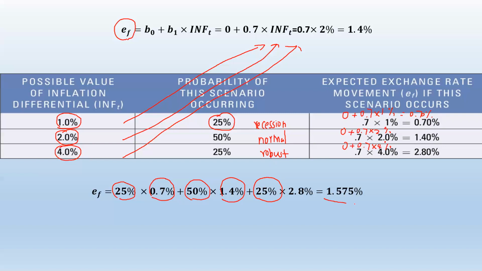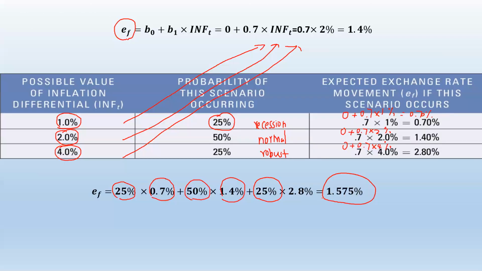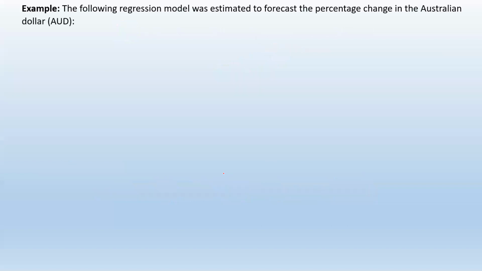So then we found that the expected value is 1.5755%. So this is called a sensitivity analysis. We found the different scenarios, and then we found the expected value under those different scenarios.